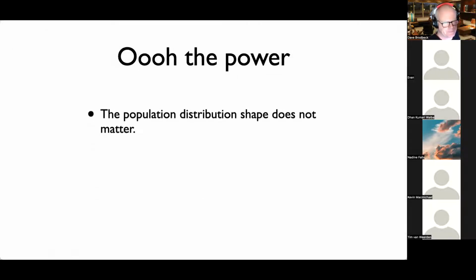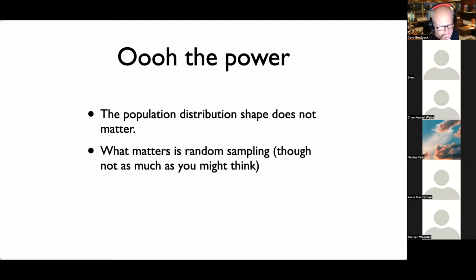So the population distribution shape doesn't matter. We're always going to get a normal distribution if we're doing the sampling distribution of the mean. What matters is random sampling. So when I flip those coins, the point is that they're random events. They're independent random events. It doesn't matter as much as people think to the math. The math assumes random sampling. That's how this works. It's an assumption.